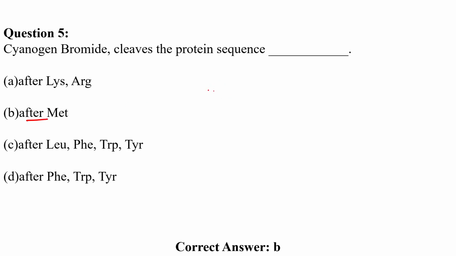If I have a long protein sequence, wherever we have a methionine residue, it can cleave after it. In the case of DNA we had different fragments; similarly in the case of protein, once we have a long protein sequence, we can have different fragments wherever cyanogen bromide is cleaving the protein sequence, and then these fragments can be sequenced separately, and later we can assemble the whole protein into one single unit.